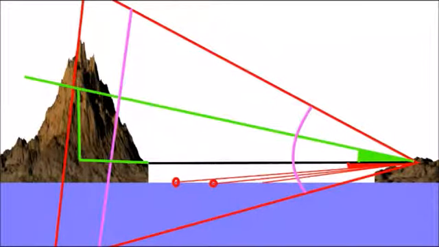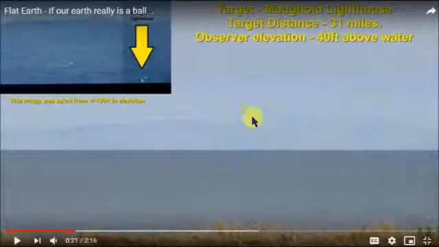The black line is the eye level. The green line is the line of sight from the observation point until this part of the mountains of the Isle of Man. Right here is the lighthouse, and here are these mountains.